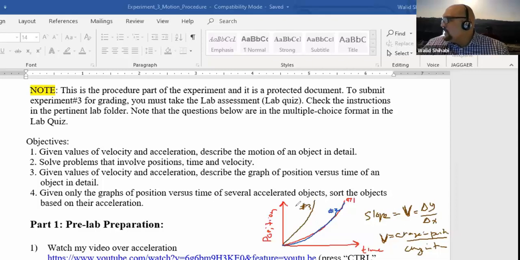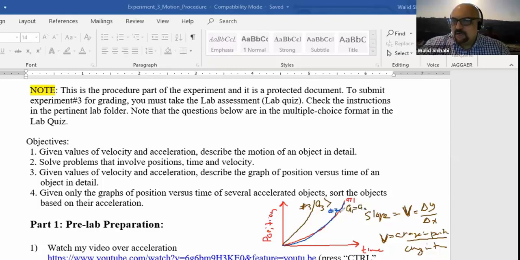While number 3 has the biggest rate of change. The slope is increasing at a faster rate. So the velocity is increasing at a faster rate, hence the acceleration is biggest for number 3 here. So the acceleration of number 3 is bigger than 1 and 2. 1 and 2 are equal.